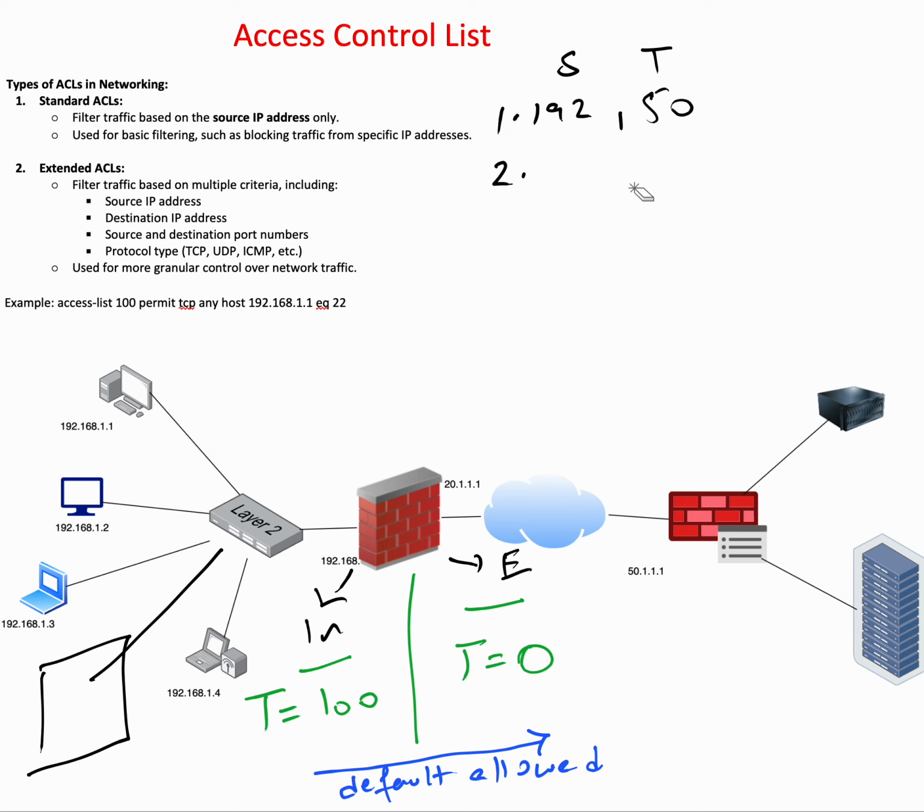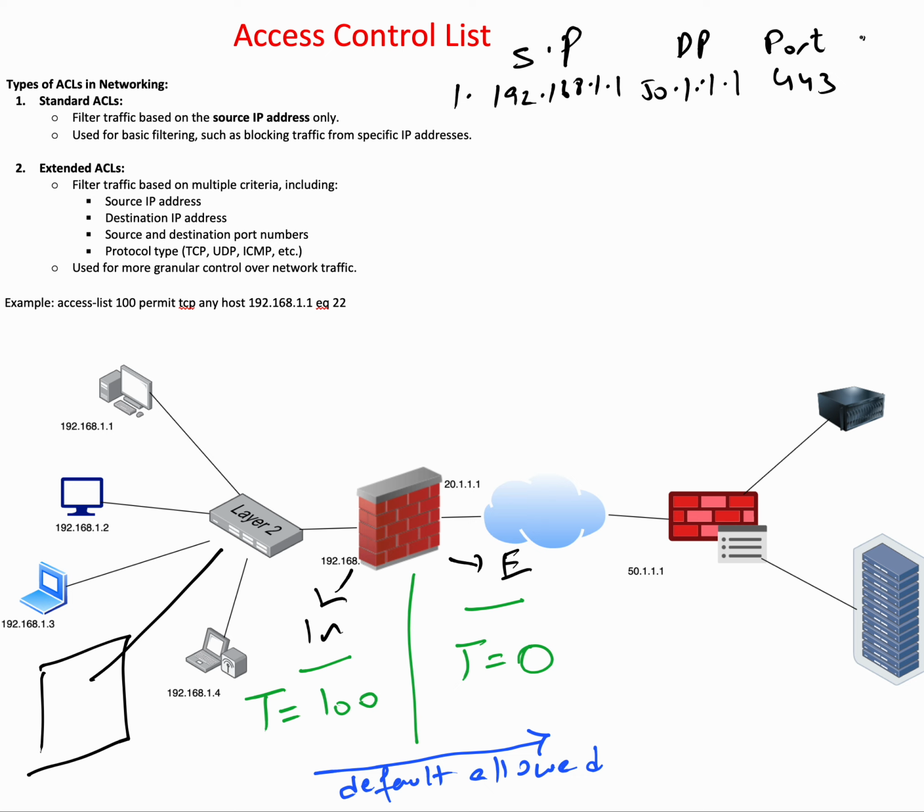Let me make it a bit clearer so you can understand and read it as well. So this is ACL1. Source IP 192.168.1.1, destination IP 50.1.1.1, from this to this. For port, I'm saying I have 443. Criteria allowed. Action is allowed.